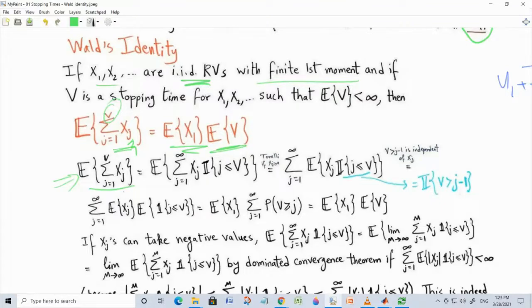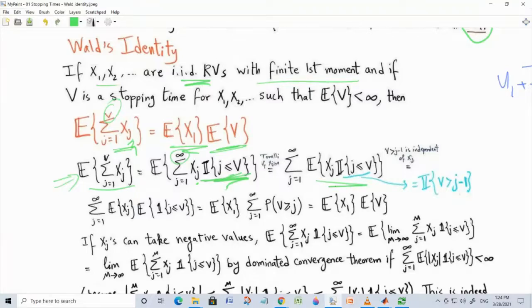So what is this expectation? Rather than having a summation from 1 to V, we can write a summation from 1 to infinity, over the positive integers, with an indicator, and this indicator is for V greater than or equal to j. This means that the summation index is less than or equal to V, because in the original sum you stop at V. So you can go to infinity and have the indicator that j is less than or equal to V. Now, if your random variables are non-negative, then you can interchange the order by Tonelli.